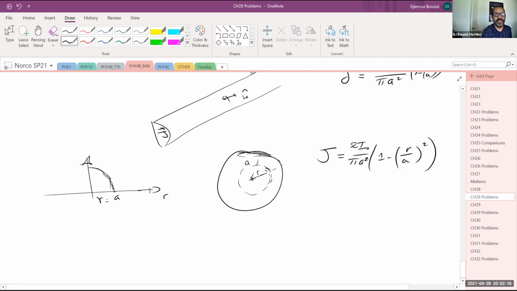Otherwise, it's quadratic, as you can clearly see in r over a, okay? For r greater than a it is equal to 0, that's what they say. I mean, there is no current outside of the wire. That is the current density. That is the current per unit area, okay?